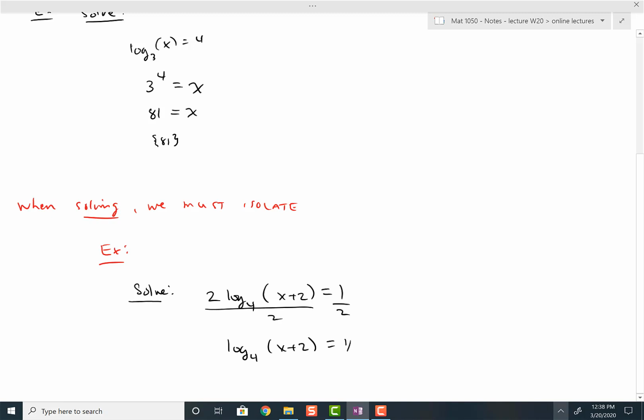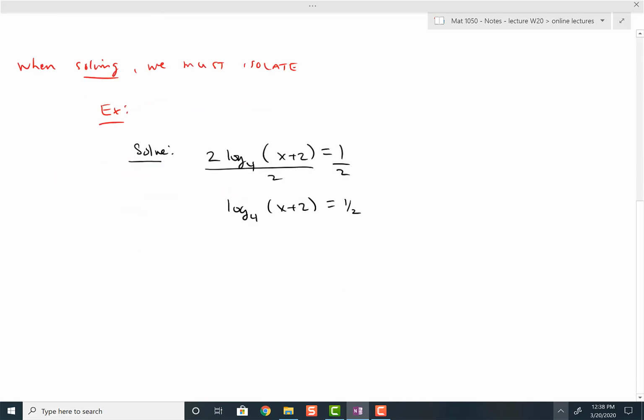So it gives us log base 4 of (x plus 2) equals 1/2. Now the log is isolated. We spent the time isolating for the log. Completely isolated, coefficient is 1 on the log. Done. Now let's turn it back into an exponent. We needed to make sure that coefficient was 1. So 4 to the 1/2 equals x plus 2.